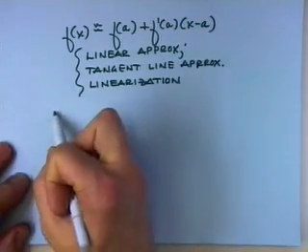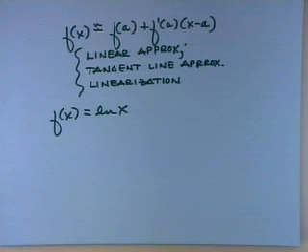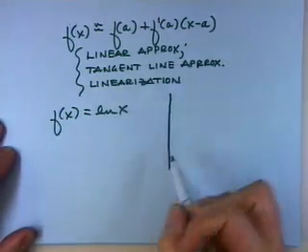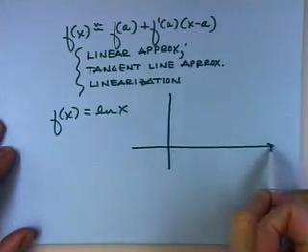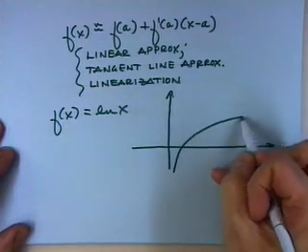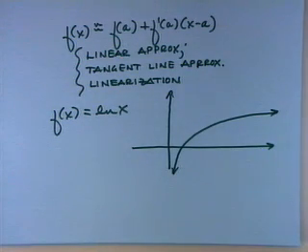Here's a function that is fairly simple looking, natural log of x. The problem is we haven't found the derivative of the natural log yet. So the natural log function looks something like this, if you were to sketch it. And we've examined a graph like this, so that's why I wanted to do this as an example.